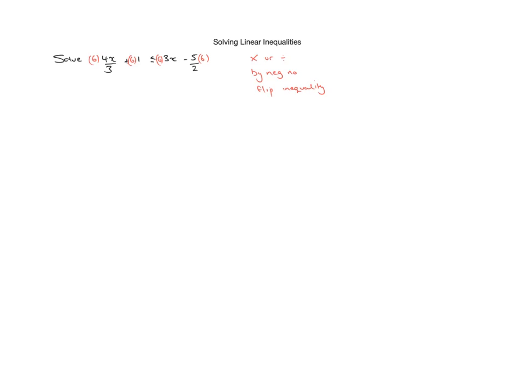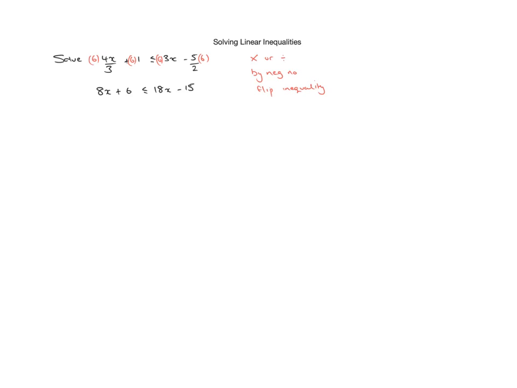So for the first one there, what we have is 6 divided by 3 is 2, 2 times 4x is 8x, 6 by 1 is just 6, 6 by 3x is 18x, and what we have then is minus 5 times, well, 6 divided by 2 is 3, so minus 15. And then I'm going to take everything across to the left-hand side.